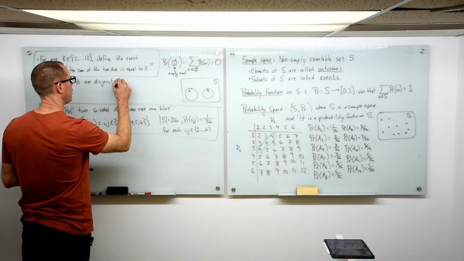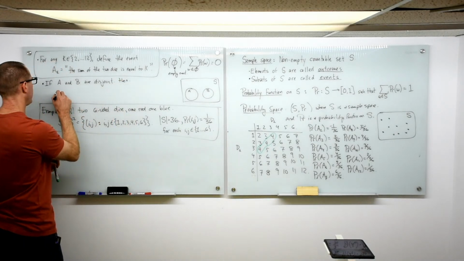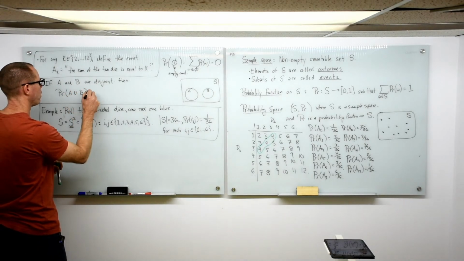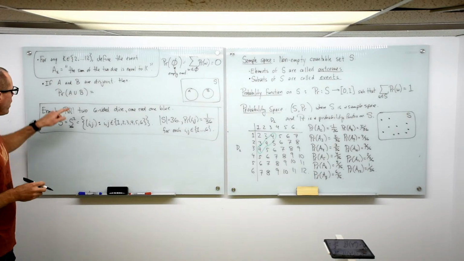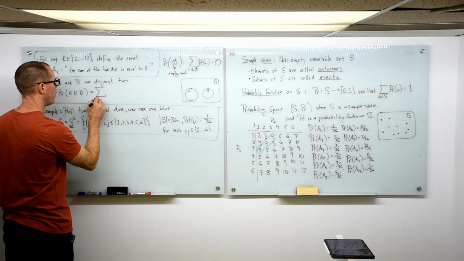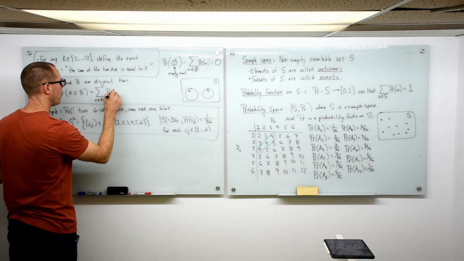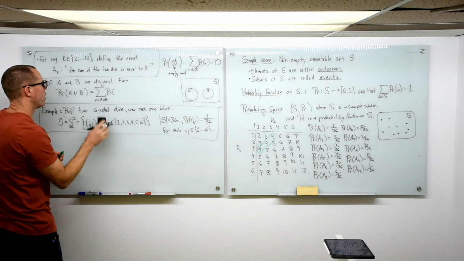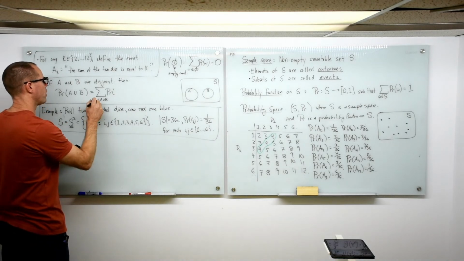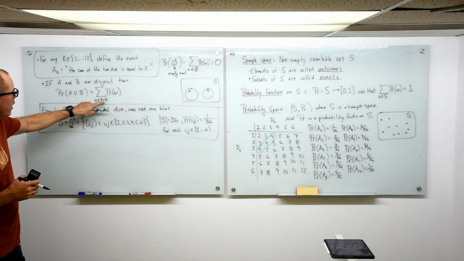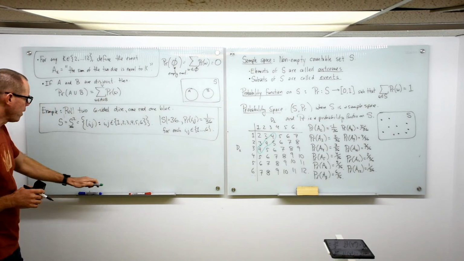Well, then what? The probability of A union B, all right, so A union B is a set, so we know how to do that. We take the sum over omega in A union B of the probability of omega. Individual outcomes, omega is a good name for them.